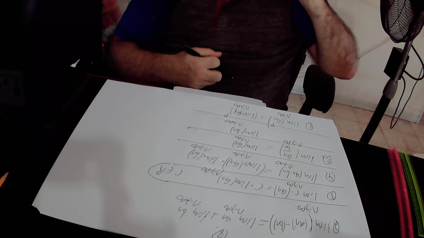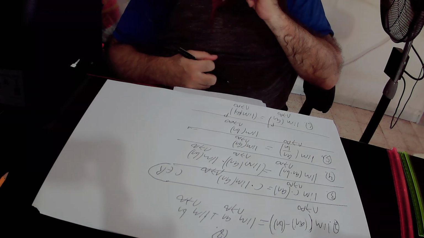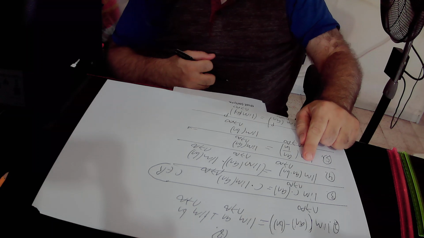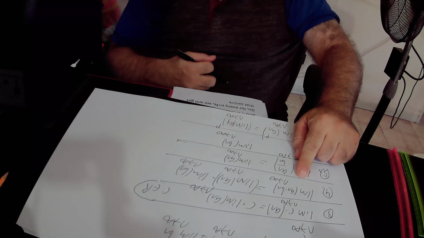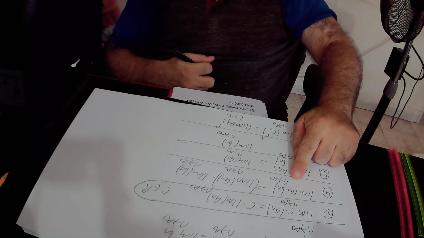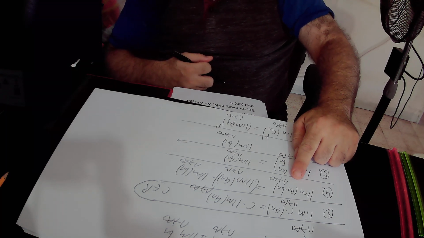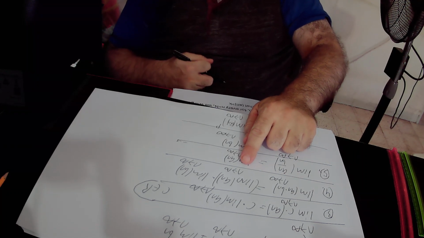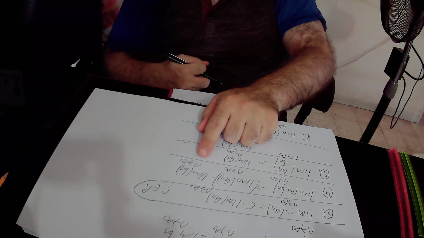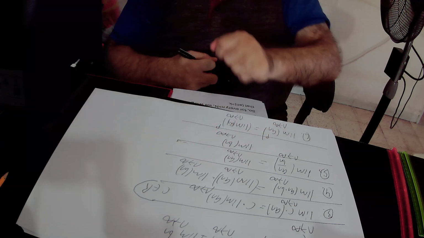It is any real number. Okay? And we have equation number 4 that is also true. According to equation number 4, lim an times bn when n tends to infinity equals lim an when n tends to infinity times lim bn when n tends to infinity.